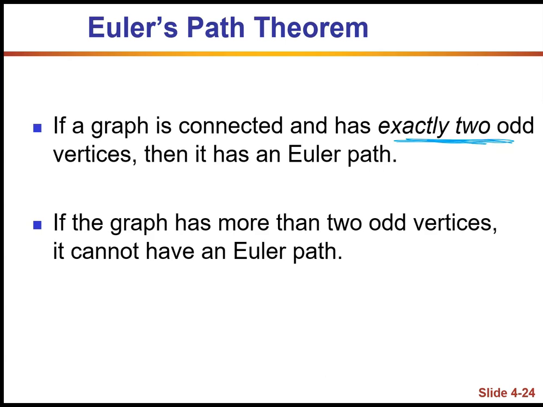And then it can be an Euler path. If the graph has more than 2 odd vertices, it cannot be an Euler path. I do want to note, a connected graph can't have both an Euler path and an Euler circuit. It can have one or the other. It cannot have both an Euler path and an Euler circuit. It can have one or another. So I'll write that down.